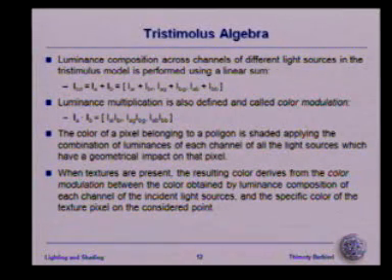When textures are present, the resulting color derives from the color modulation between the color obtained by luminance composition of each channel. So, if you have a red object and a yellow texture over it, and lights will shine over it, the color that you get depends on the luminance given by the texture and the color of the object.